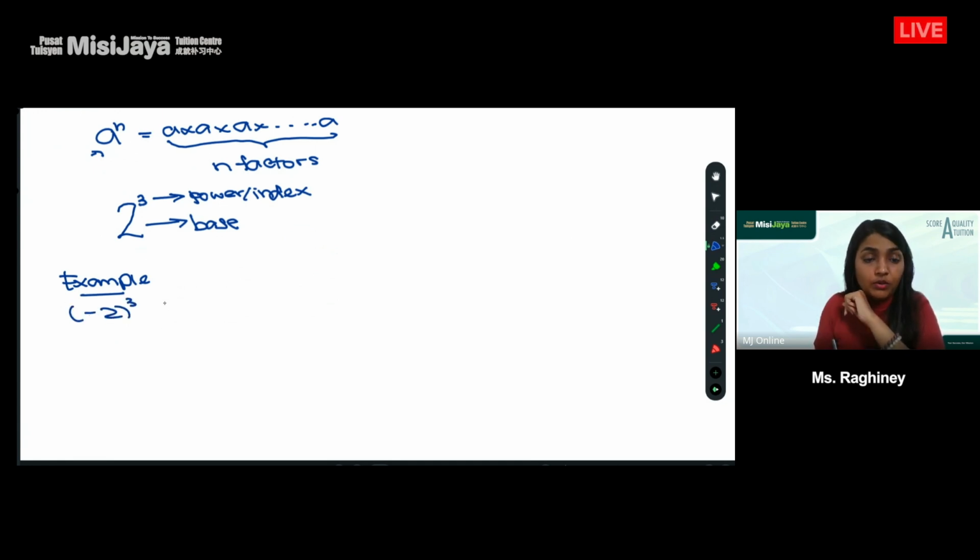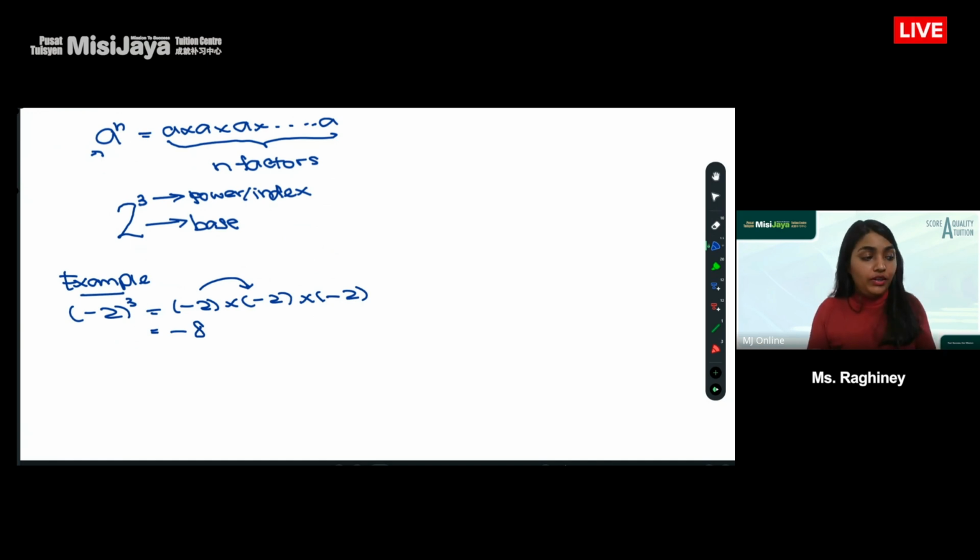Minus 2 to the power 3. What does it mean? Minus 2 multiplied by minus 2 multiplied by minus 2. What's the answer? 2 times 2 is 4, 4 times 2 is 8. Negative 8. Now, everybody take a calculator.